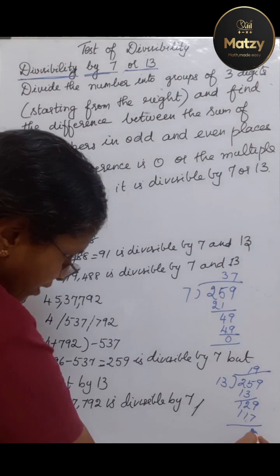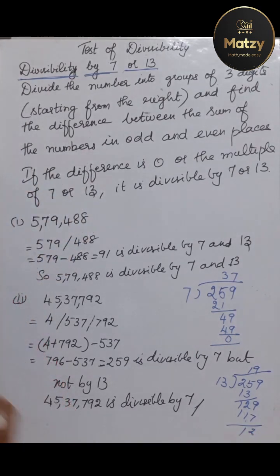So the remainder is 12. So it is not divisible by 13. So this full number is divisible by 7 but not divisible by 13.